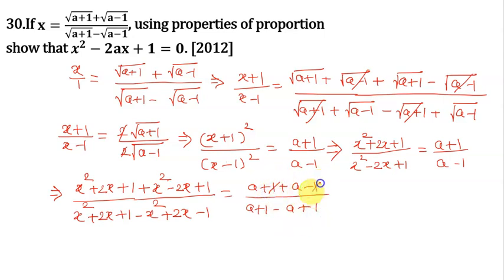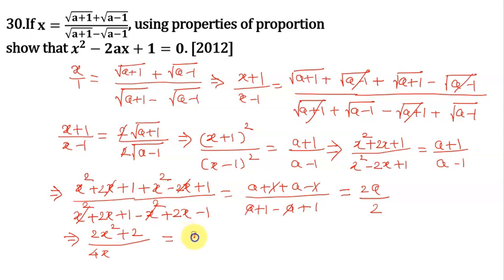Now here +1 and −1 get cancelled, +a and −a get cancelled, and here you will have 2a, 1 plus 1 is 2. Next, +2x and −2x get cancelled, and overall you will have x² + x² that is 2x², 1 plus 1 is 2, and to the denominator 2x plus 2x, you will have 4x, and 2a upon 2.